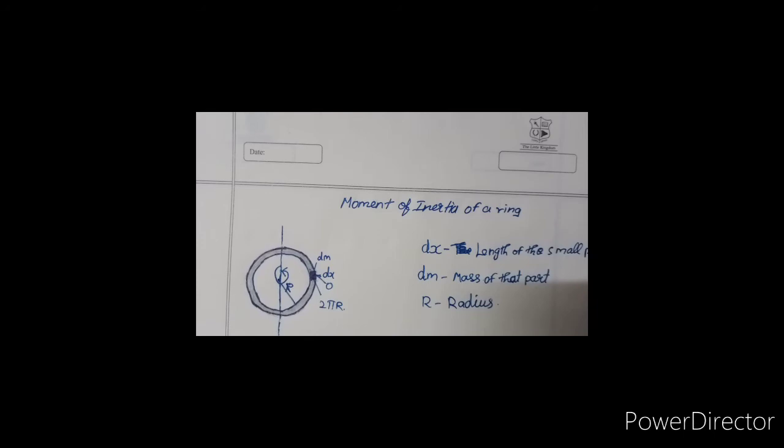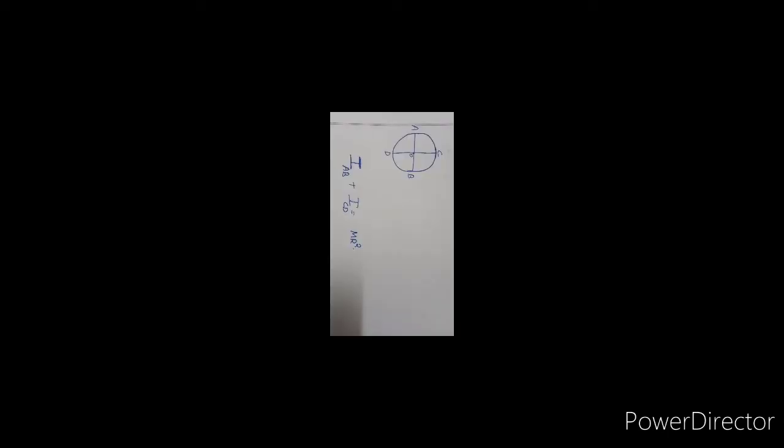This is the moment of inertia of a ring when the axis is perpendicular to the plane of the ring. In the second case, the moment of inertia of a circular ring when the axis is along a diameter: the circle has many diameters, but we consider only two diameters, AB and CD.